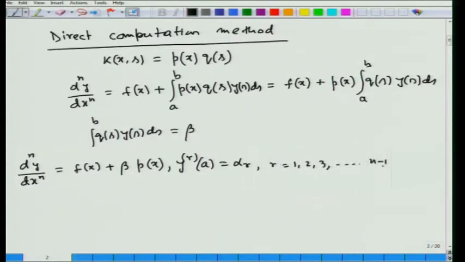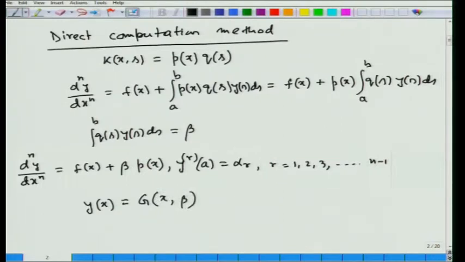And you can see this is an ordinary differential equation which is an initial value problem. So, assuming f(x) and p(x) are continuous, a solution of this equation exists, and if we solve this equation using these n initial conditions, we assume that the solution is denoted by g(x, beta).